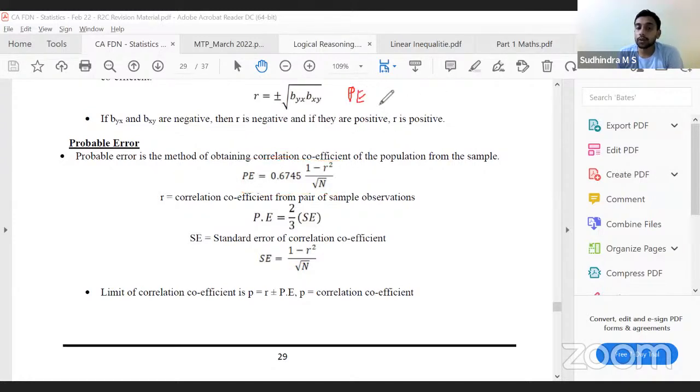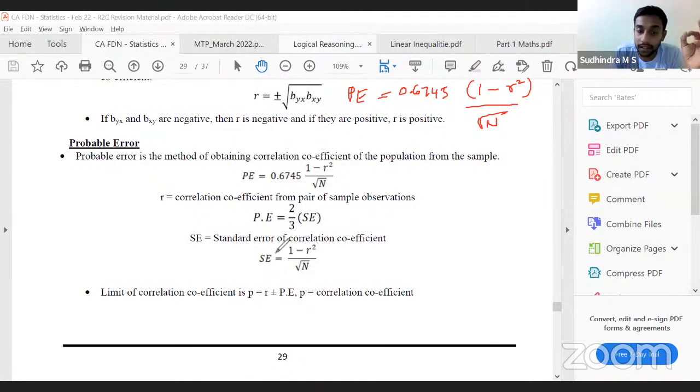Probable error is equal to 0.6745 into 1 minus r square divided by root n. So what is probable error? It is the variation that could be there in the correlation of the population.